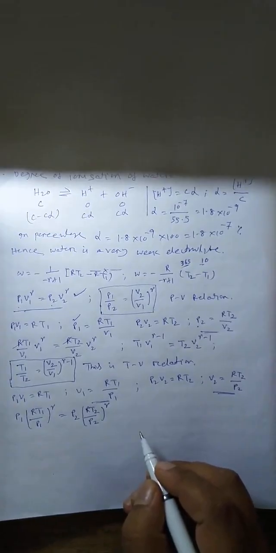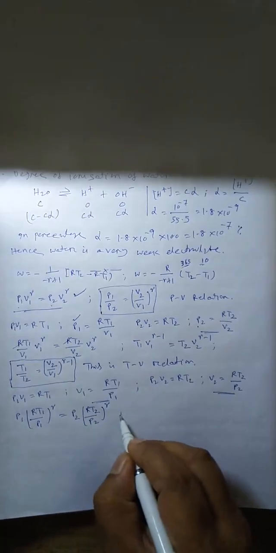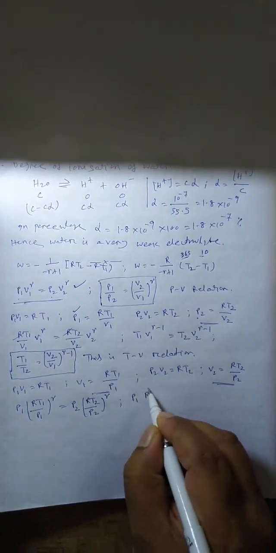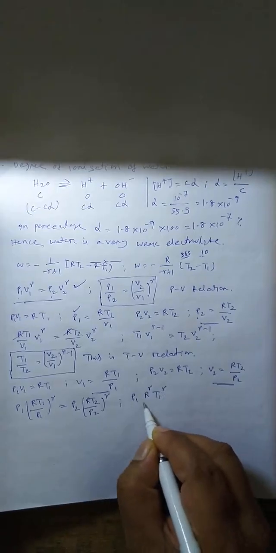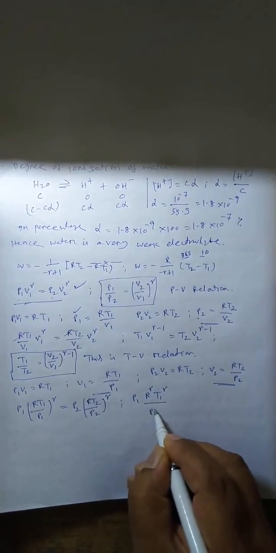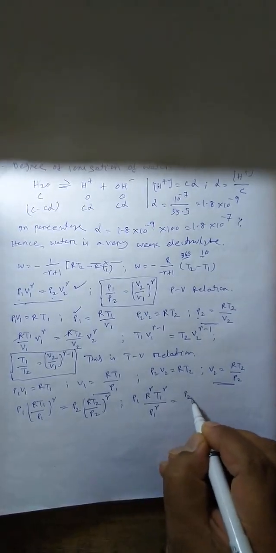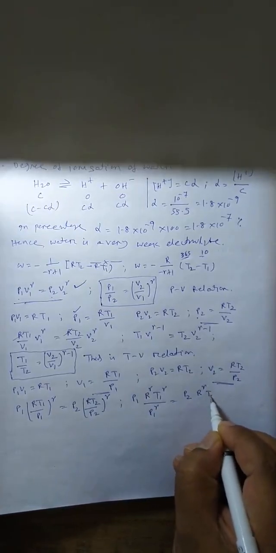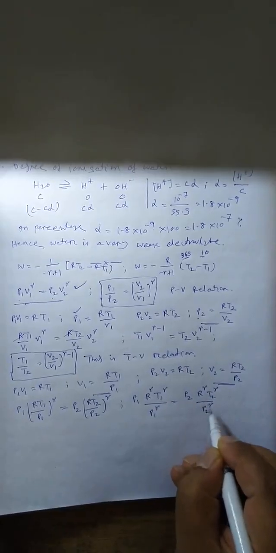Now you split this. Then it is P1, then R to the power gamma, T1 to the power gamma, divided by P1 to the power gamma. In this case also P2, R to the power gamma, T2 to the power gamma, divided by P2 to the power gamma.